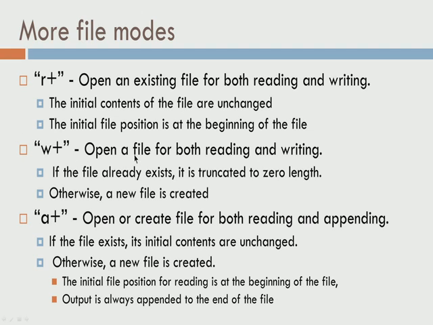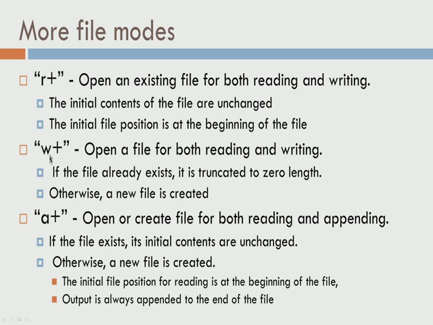W+ is also in some sense similar to R+, but there is a key difference. Both open a file for both reading and writing, but with W+ there is this notion that you destroy the file when you open it in W mode, and it does exactly that. If the file already exists, it is truncated to 0 length, otherwise a new file is created, and on this you will be able to do both reading and writing.